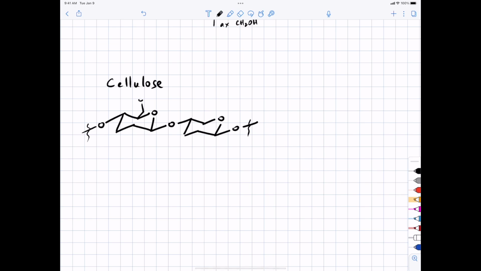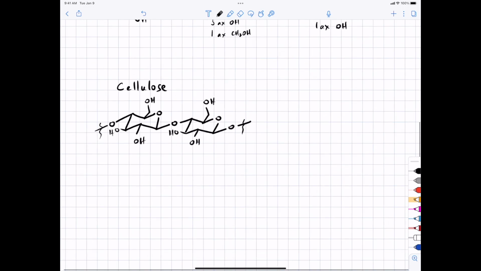And then I'm going to put each of these individual carbohydrate units is glucose, and they are linked together with this sort of shape.